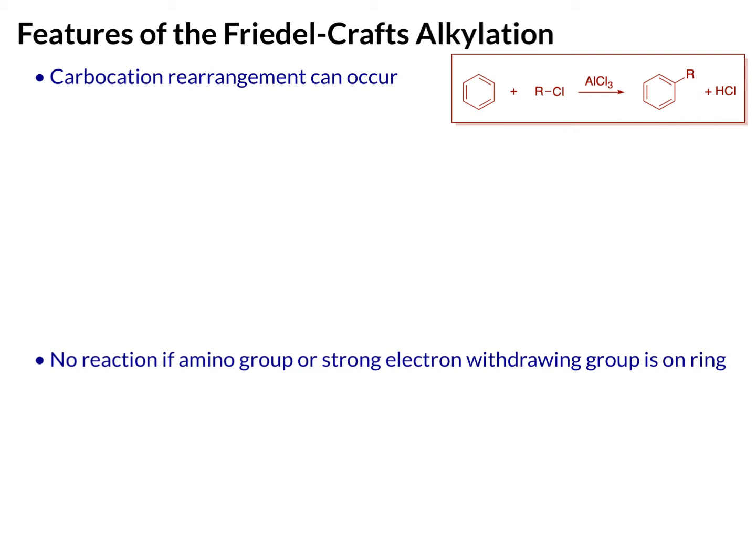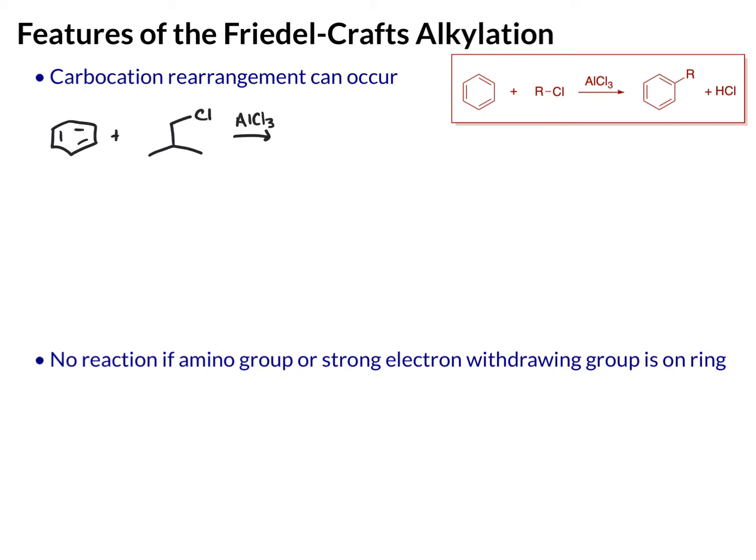The next thing, which I talked about a little earlier, is that carbocation rearrangement can occur. It all depends on the organochloride substrate that you start with. So let's look at an example reaction. I'm going to start with benzene. For my organochloride this time, I'm going to use isobutyl chloride, and we'll react this with our Lewis acid, AlCl3.